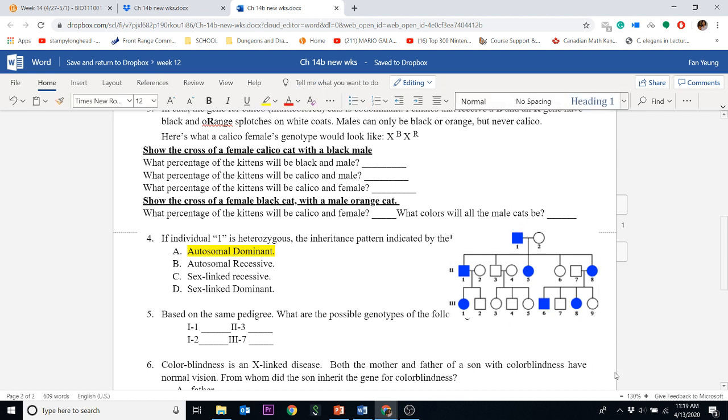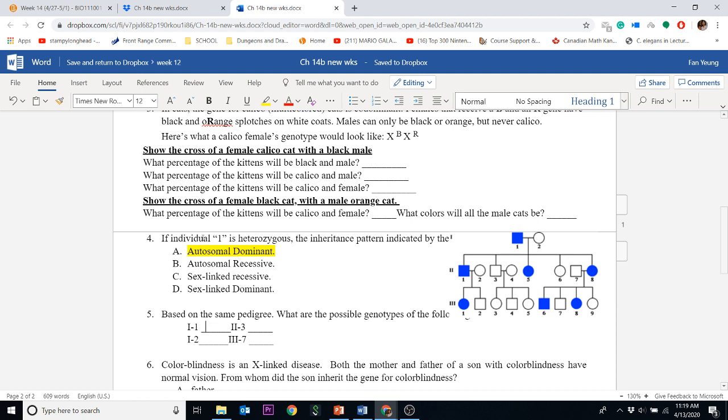Okay, so if you look at this 1, 1, I guess it's talking about this guy, right? He has the disease and he cannot be homozygous dominant. If he is, then all of the kids will have the disease because all the kids will get one allele from this person. So 1 has to be heterozygous, as I already tell you here.